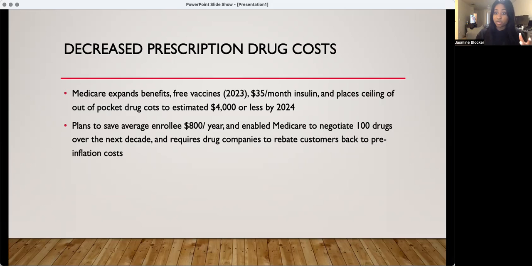That'll basically force drug companies to rebate the customers in the event that the prices are outpacing inflation. So you can expect, if you're overpaying for your prescription drug costs through 2024, that you'll at least possibly see a rebate on a lot of the different common drugs that are needed, but are often very expensive.